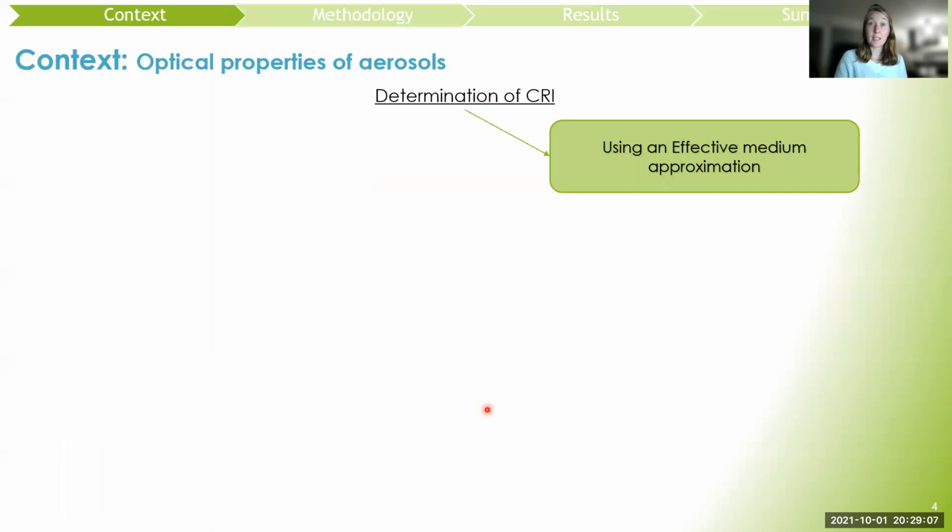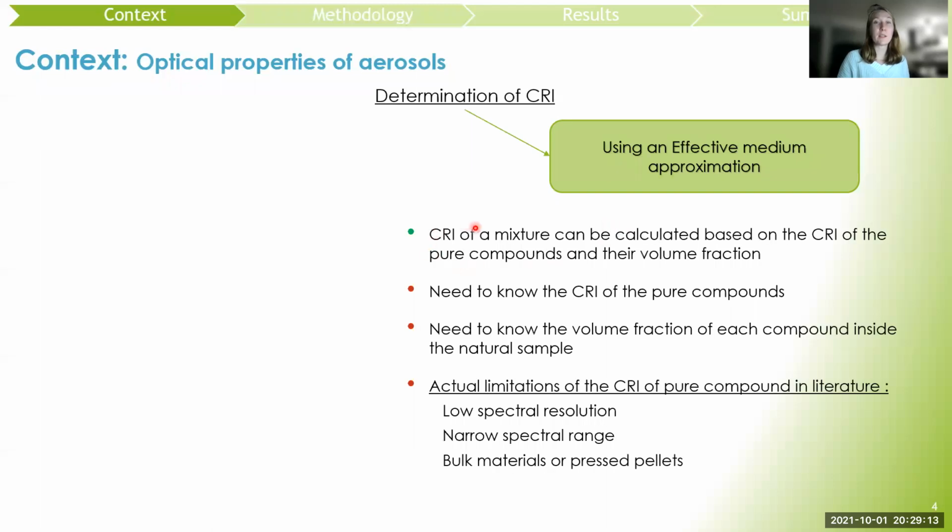The other way is to use effective medium approximation. It says that the complex refractive index of a mixture can be calculated based on the complex refractive index of pure compounds and their volume fraction inside the mixture. But in that case, we need to know the refractive index of the pure compound and their volume fraction in the natural sample.